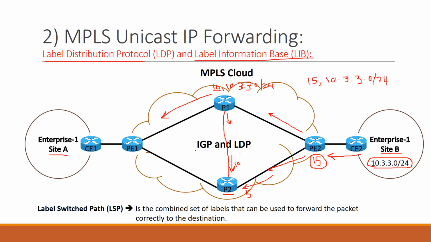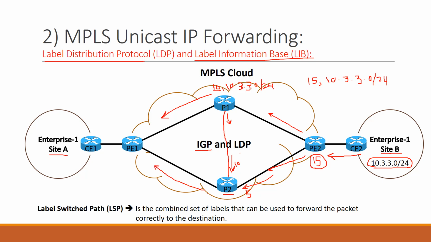And then, based on the IGP used, it will determine which one is the best label for this specific prefix, and simply update the CEF FIB and the MPLS LFIB. Now, similarly, BE1 will receive an update from P1 and an update from P2.